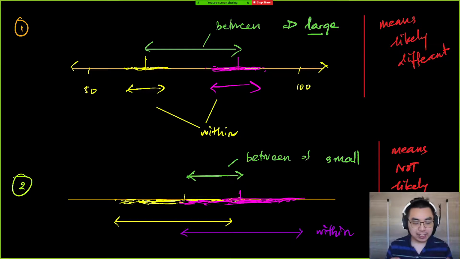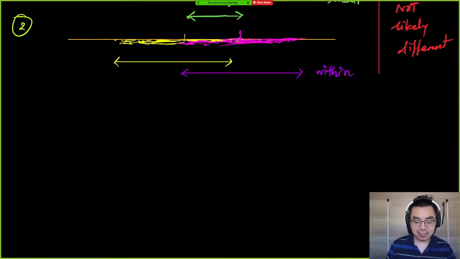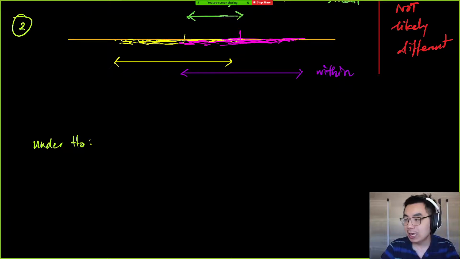All right. Now let's actually formalize this into a test statistic. So the test statistic is as follows. Under the null, the test statistic for this type of test looks like this.